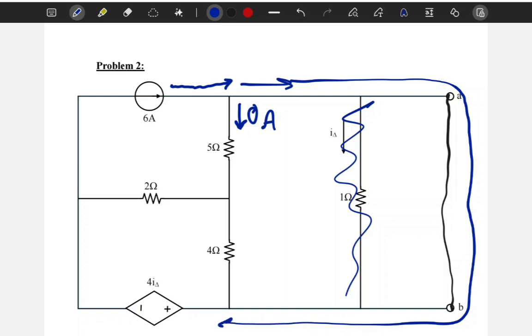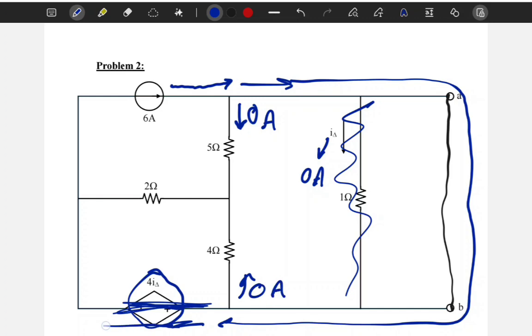Now it reaches here, and again it sees nothing. Remember this, we have cancelled it because I delta in here is 0 amperes. So this is a short circuit. So here it's gonna see nothing, but here it's gonna see a resistive load. So again, the current right here is 0 amperes, and it's gonna keep going.